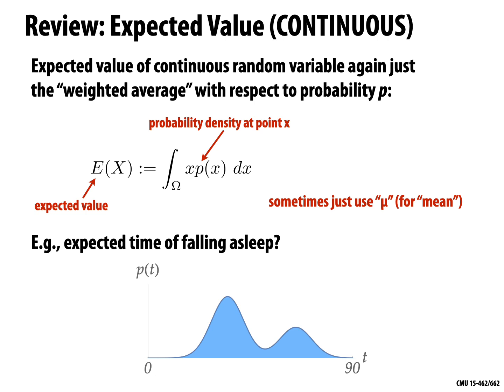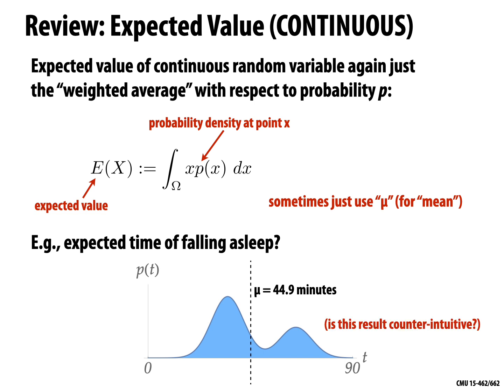That's the time you're most likely to fall asleep. But the time that you're most likely to fall asleep is different from the expected time of falling asleep. Expected is more like the average time of falling asleep. So if we compute this average, actually what we'll find is that the expected time is 44.9 minutes, somewhere in the middle where actually the probability density takes a fairly small value.